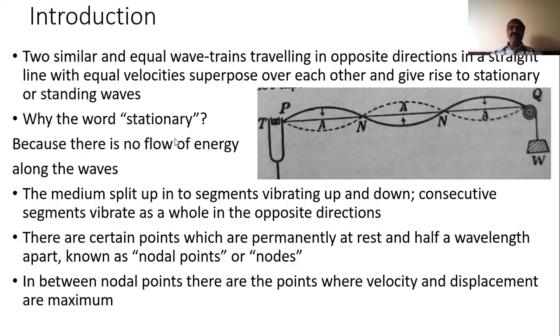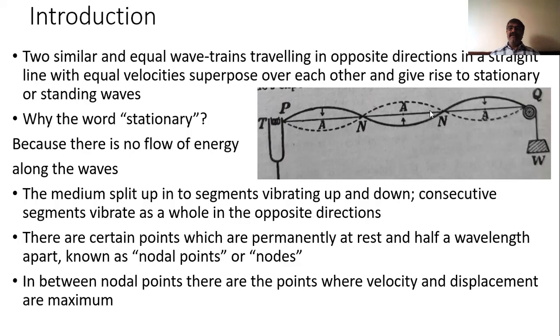Now the question is why the pattern is called stationary. This is because the particles are vibrating at their own positions. For example, the particles at the nodes are at zero displacement.